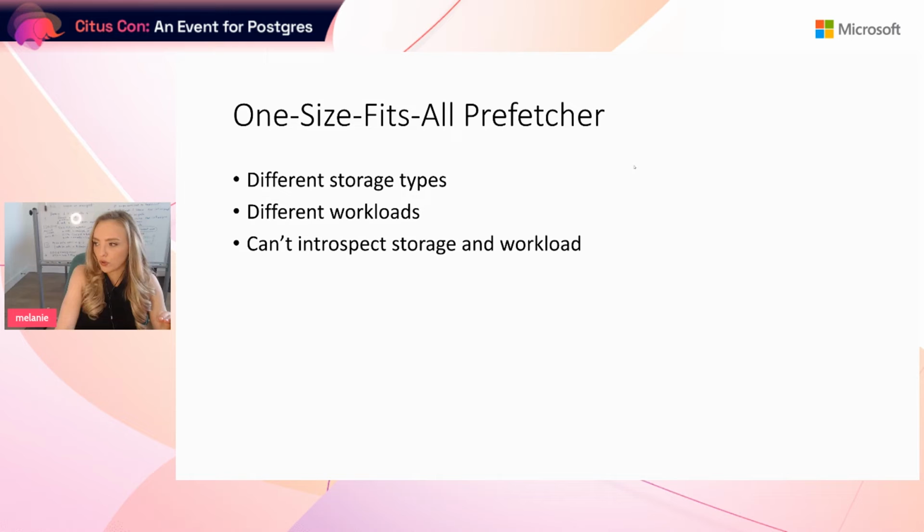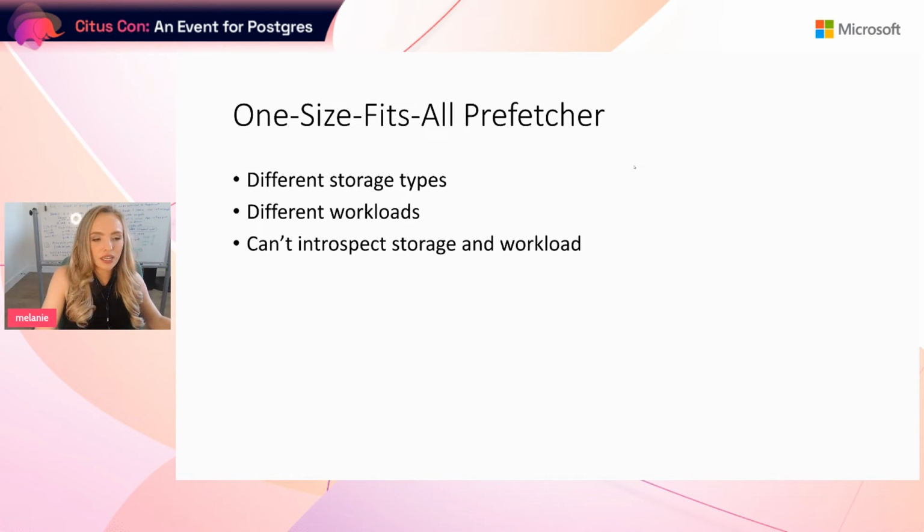So what we're looking for is a one-size-fits-all prefetcher. We want it to work for local storage, cloud storage, different storage speeds, different workloads. We want it to work for analytical queries. We want it to work for all different types of workloads, the same prefetcher, meaning we don't have to configure it for local storage or configure it for cloud storage.